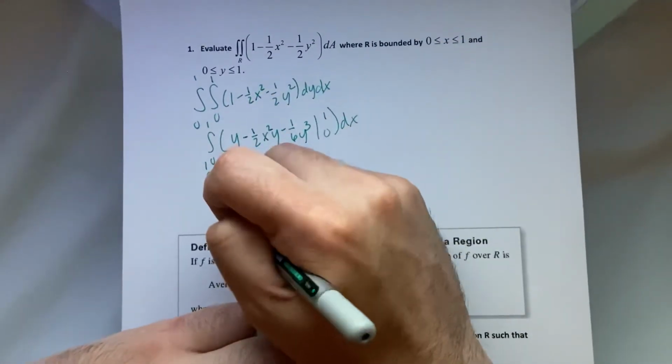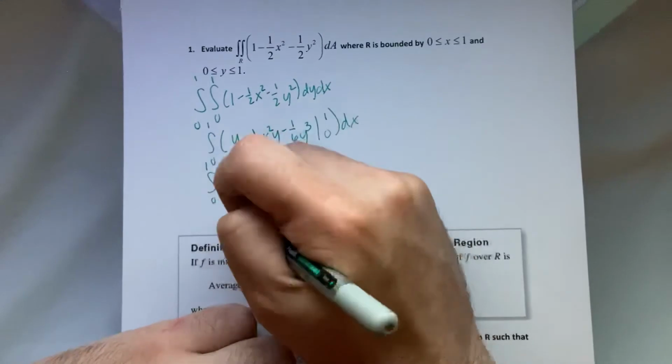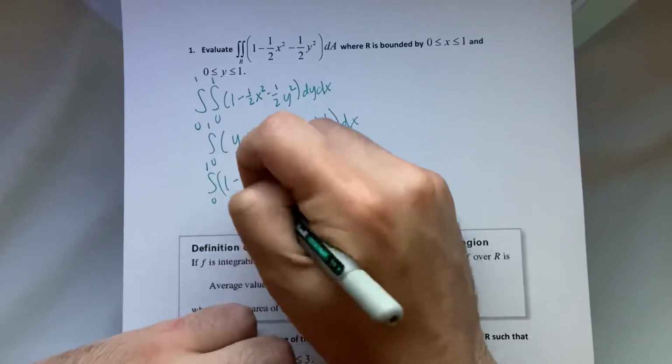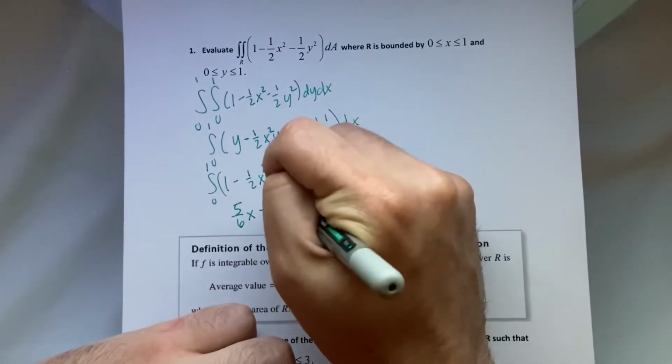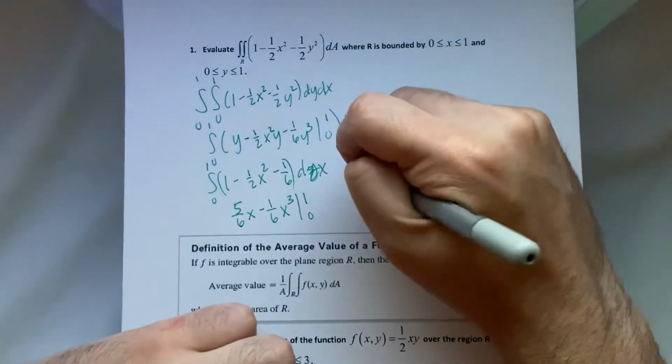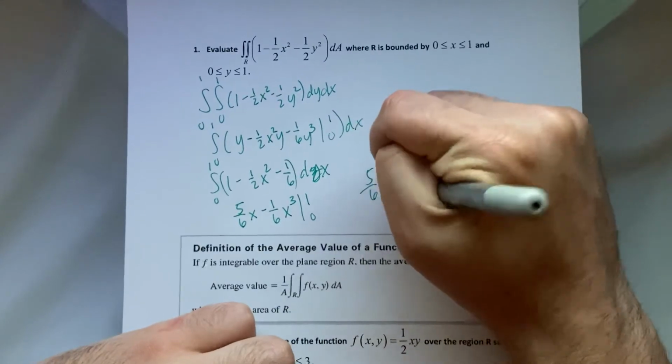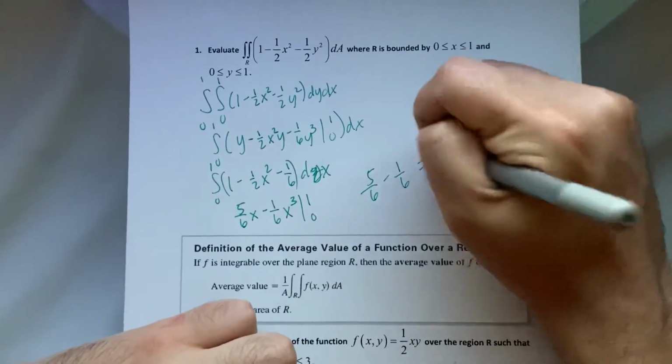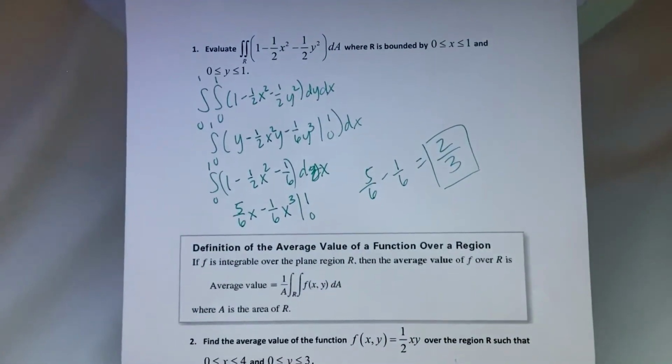Integrating that with respect to x, 1 minus 1/6 is 5/6, so we'll get 5/6 x minus 1/6 x cubed, evaluated from 0 to 1. When we plug in 1, we just get 5/6 minus 1/6, which is 4/6 or 2/3. So that's the volume of the shape.